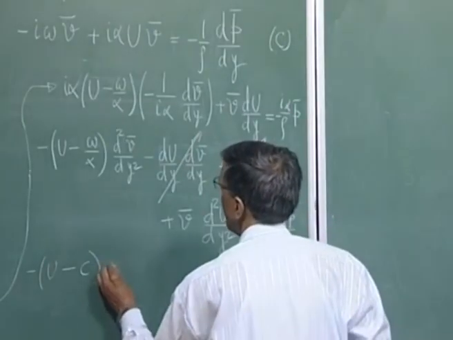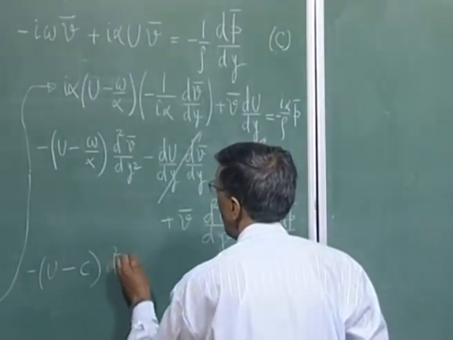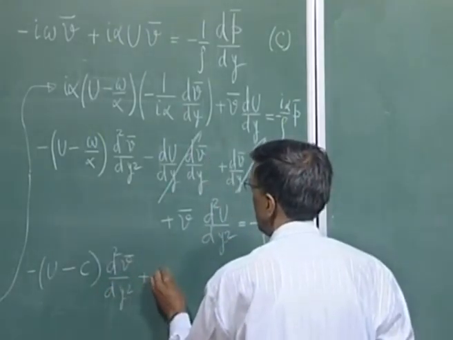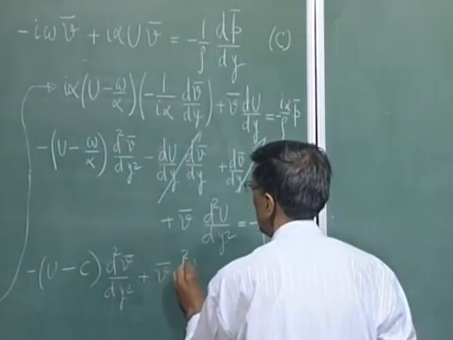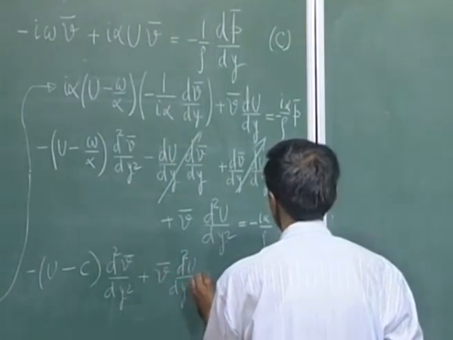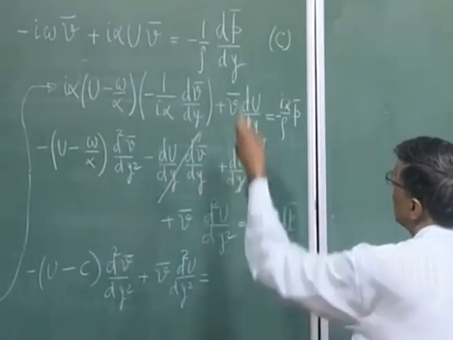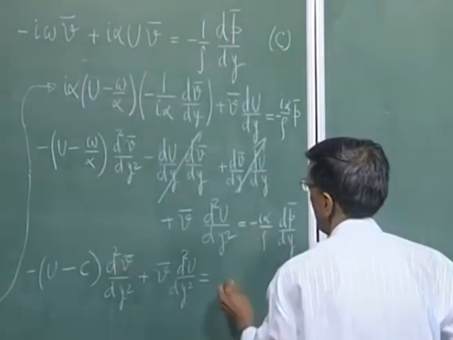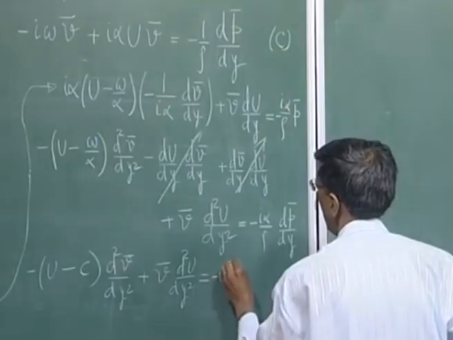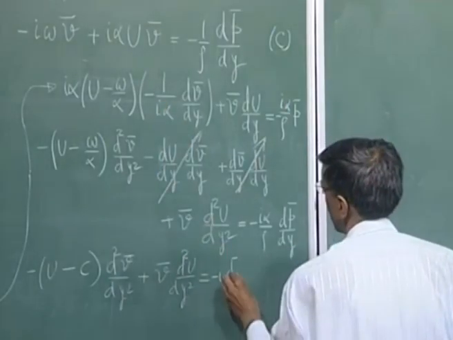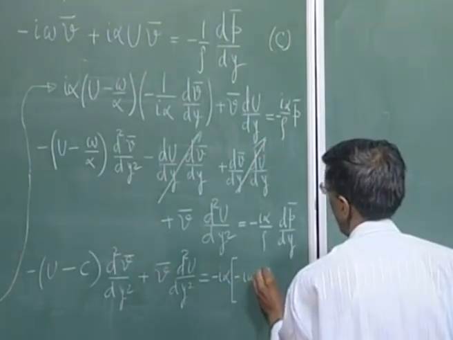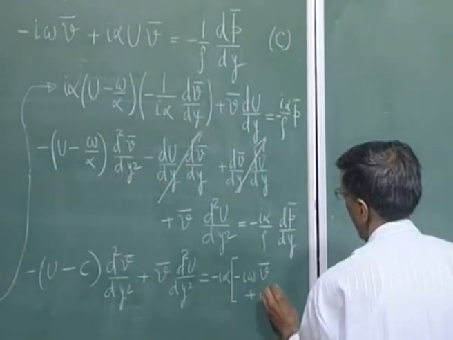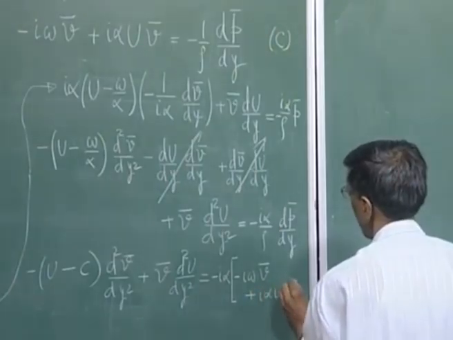Okay, and then I have d2v bar dy square plus v bar d2u dy square is equal to, I have 1 upon rho, so I'll get minus I alpha, and within bracket I will have that expression, minus I omega v bar plus I alpha u v bar.